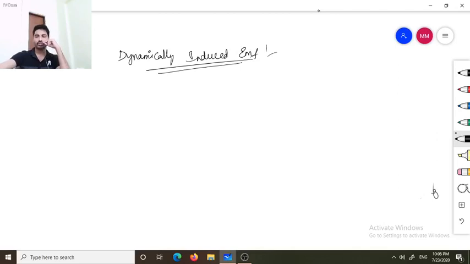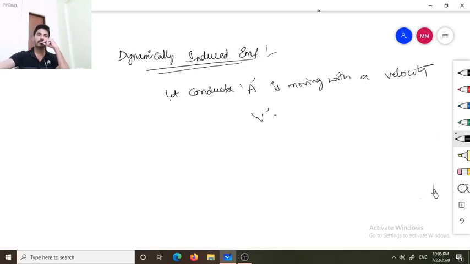So consider a conductor. Let the conductor, named A, be moving with a velocity V. Now consider three cases.